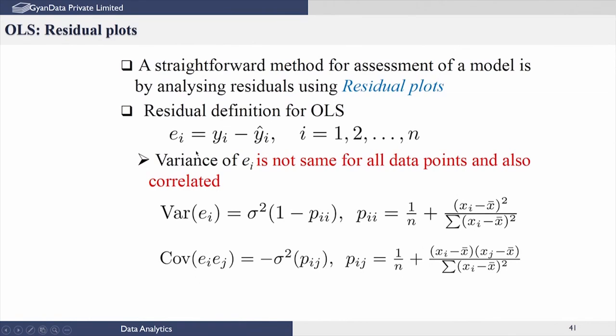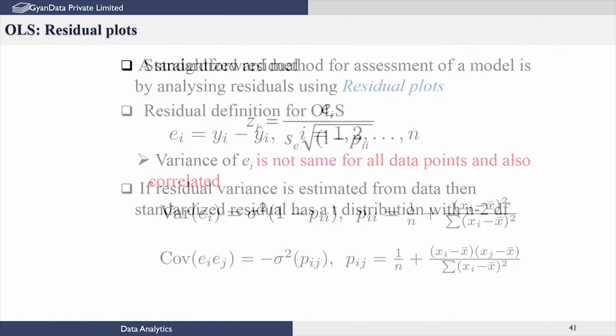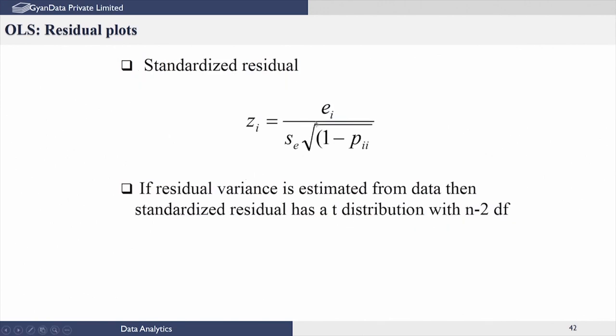And so, having derived this, notice that even if we do not have a priori knowledge of sigma squared, which is the variance of error in the measurements, we can estimate this quantity. We have already seen this in the previous lecture. We can replace this by SSE by n minus 2, which is an estimate of sigma squared, and substitute this to get an estimated variance of each residual. We will standardize these residuals, where what we mean by standardization is to divide the residual by its estimated standard deviation.